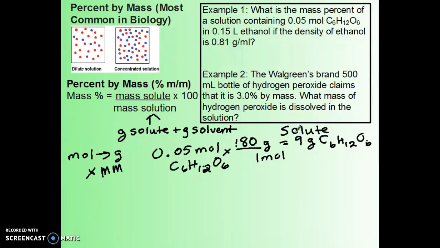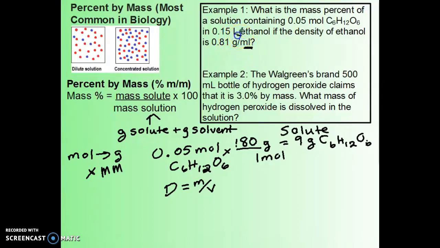So for our solvent, we're given the density and the volume. So if we have our volume and our density, we can use that to find the mass. And this is according to the density equation. Density equals mass over volume. The one thing that we need to pay attention to is that this is in milliliters in the density, and this is in liters.